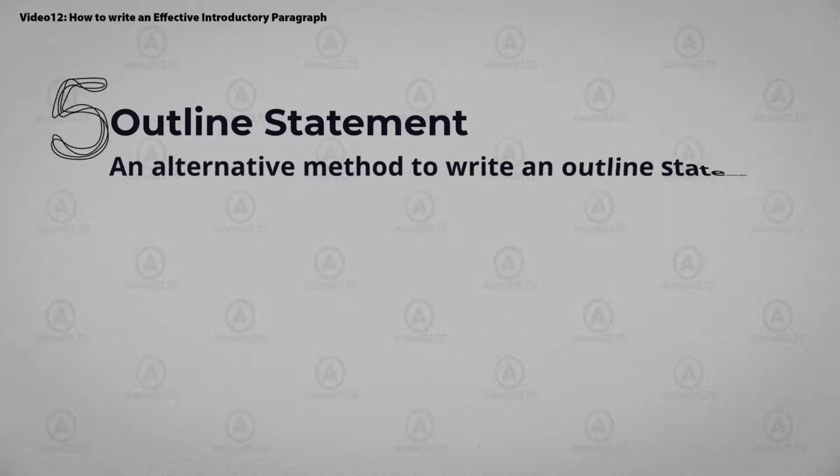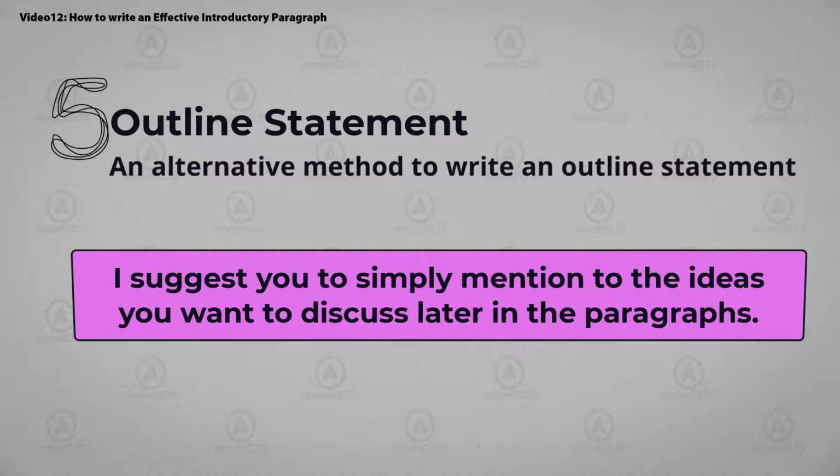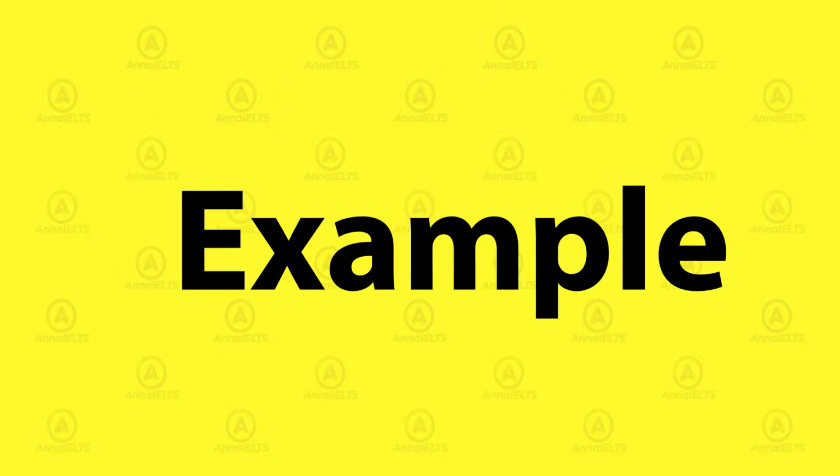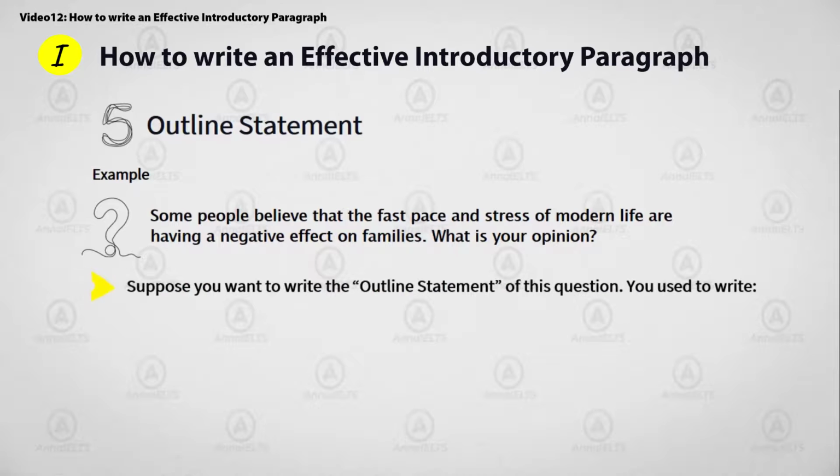An alternative method to write an outline statement: I suggest you simply mention the ideas you want to discuss later in the paragraphs. Suppose you want to write the outline statement of this question.